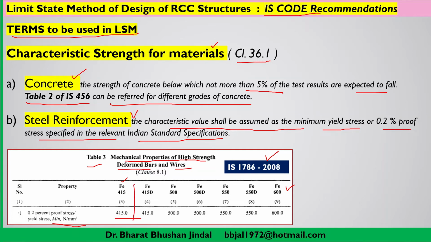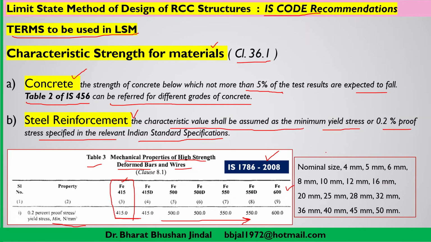If you are taking Fe 415 steel into design, then you will be taking its minimum yield strength, that is 415 MPa. So accordingly there are various grades of steel, and you can take the value of the yield strength of that steel for your design calculation purposes.